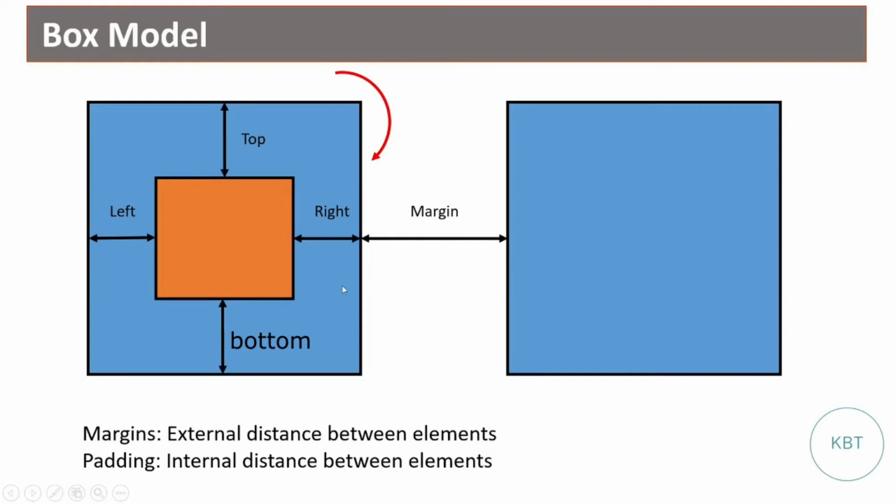As far as padding and margins are concerned, we have padding top, padding right, padding bottom, and padding left. We also have margin top, margin right, margin bottom, and margin left. It is important to bear in mind that the movement goes in the clockwise direction, and I'm going to emphasize why it moves in the clockwise direction.